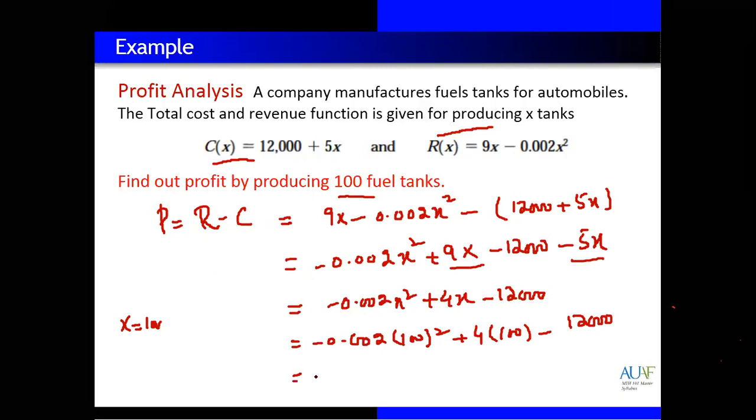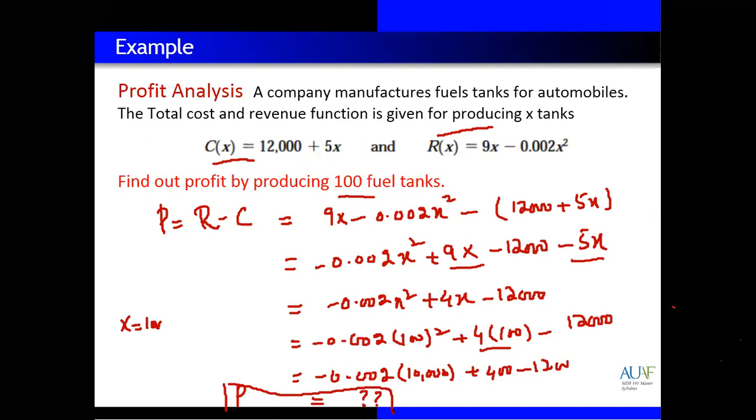So minus 0.002 into 10,000, since 100 square is 10,000, plus 4 multiplied with 100 equals 400, minus 12,000. Let's simplify this one and you will receive the value, which is the profit by producing 100 tanks.